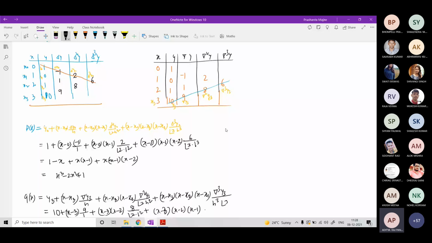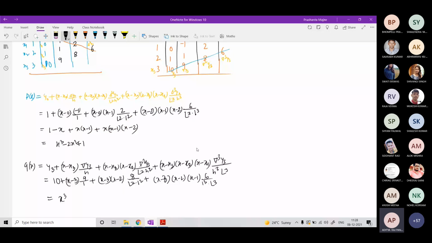So now you simplify and you will end up with the same polynomial: x cube minus 2x square plus 1.